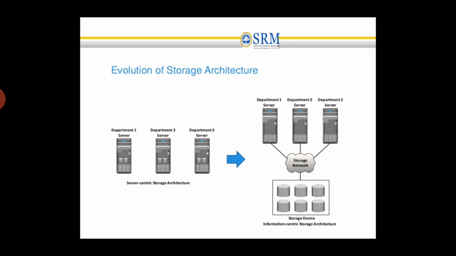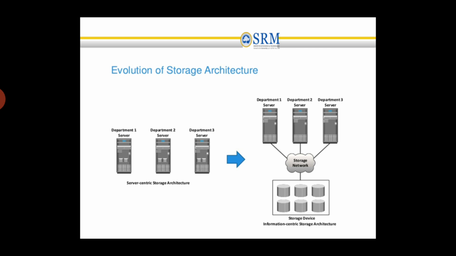For example, department 1 server belongs to CSE department information, department 2 server is for IT department, and department 3 server is for ECE department. In the sense, the whole IT department content and the whole CSE department content will be stored in one particular server. So, I'm not going to divide the content, that means whether it is student relevant information, faculty relevant information or course relevant information, I'm not going to classify anything at all. So this is what a server centric storage architecture is.